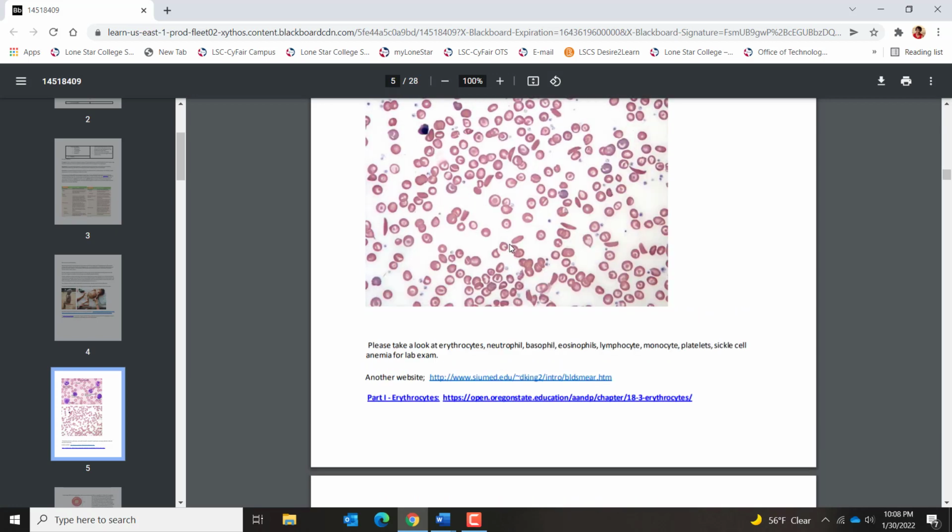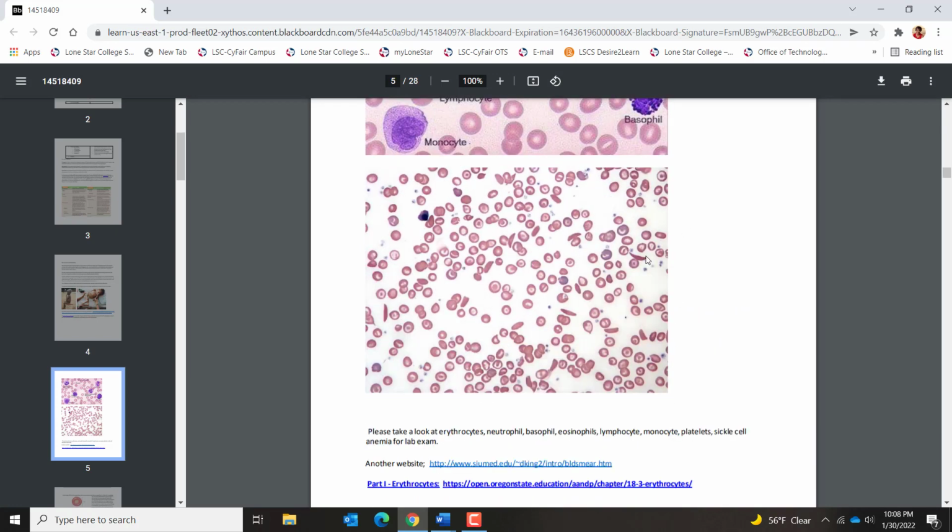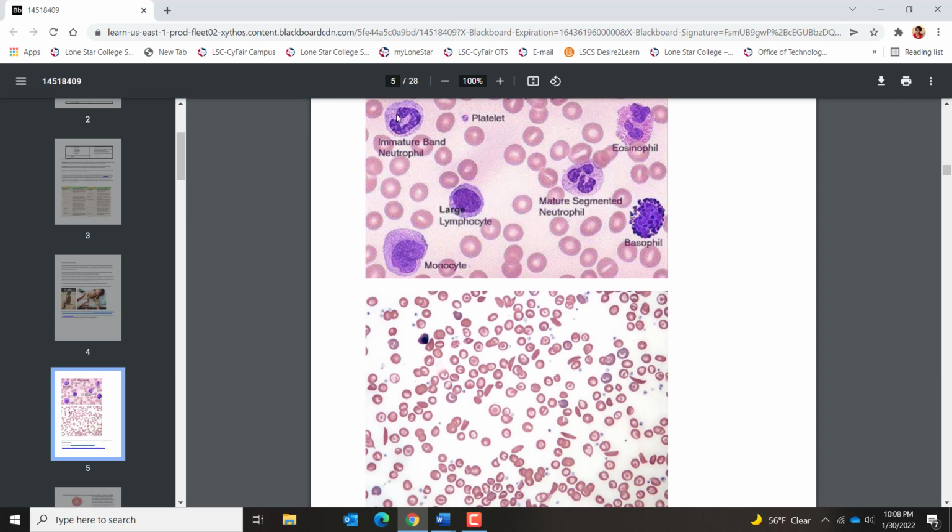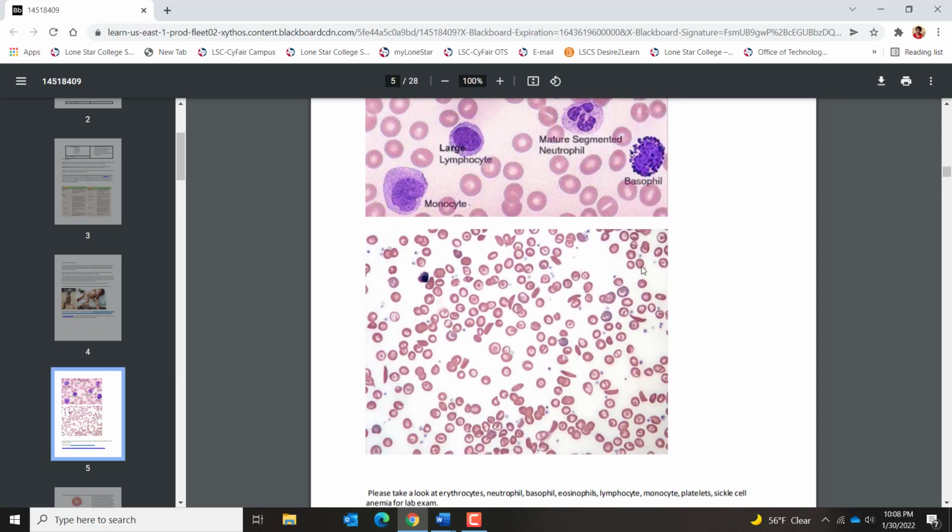Then you have neutrophils. Here I don't see any. Here they are. Okay, but not very clear. Anyway, so we have neutrophils. Then we have basophils, eosinophils, lymphocytes, and monocytes.